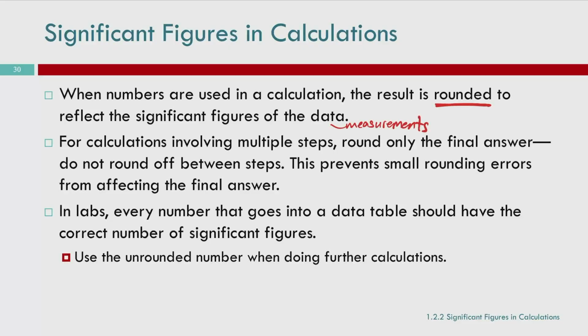And we've got rules for this. I mentioned we have a lot of rules. When we've got multiple steps, anytime that we've got multiple steps, we want to round only the final answer.